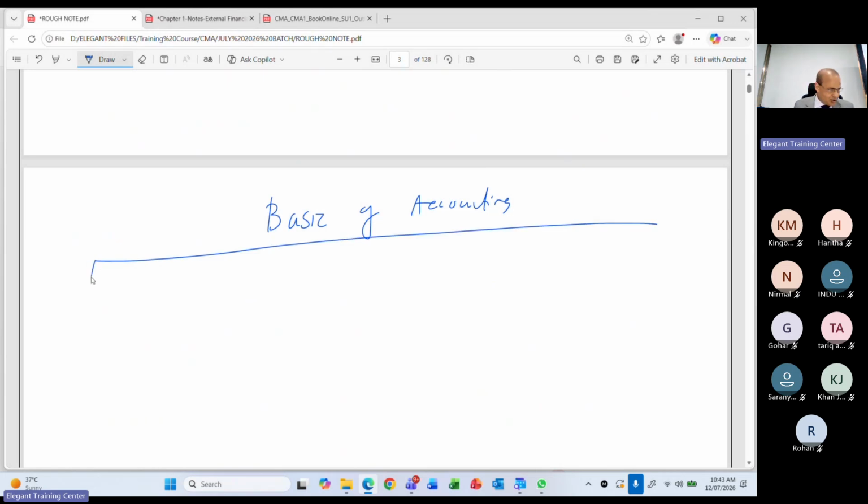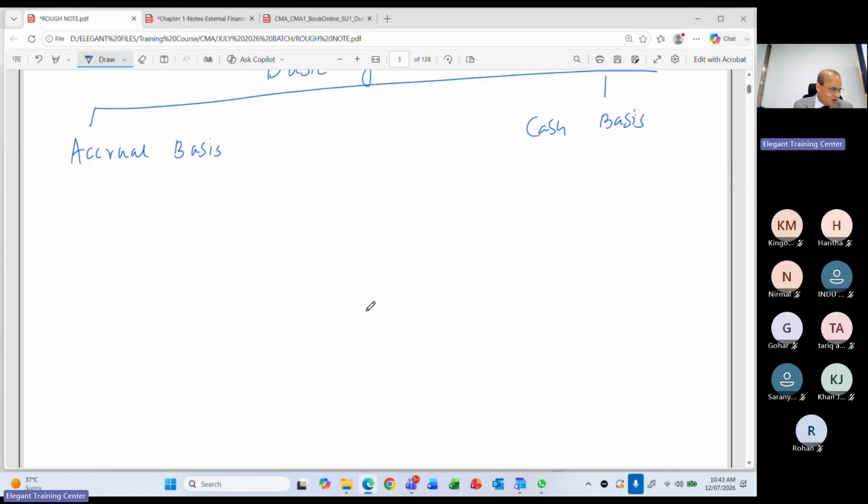One is called accrual basis. What do we say? Accrual basis. And second, Vishal, second, cash basis. Accrual basis and cash basis. Very good.